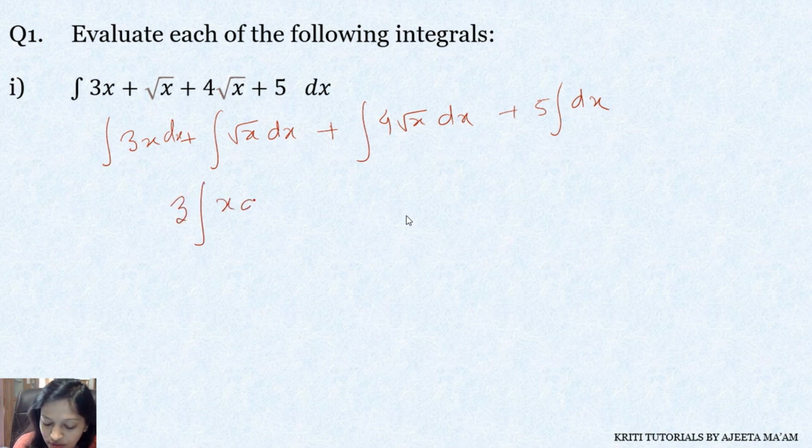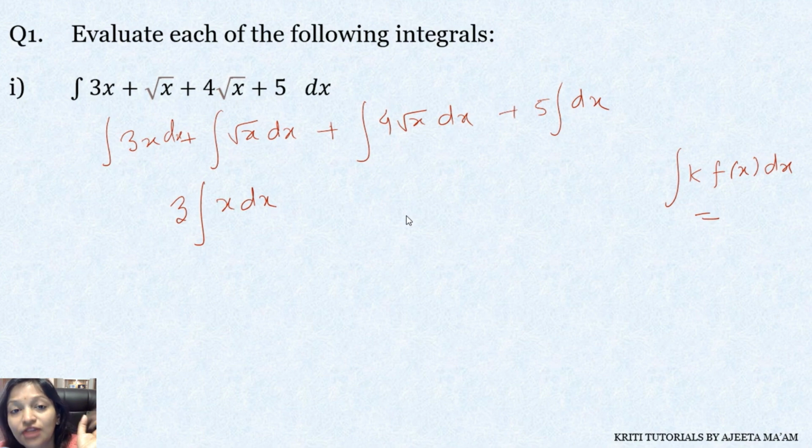So if we take 3 outside because it's a constant, you can remember and note down this simple property of integration: if any function is multiplied with the constant k, then you can always take k outside and find the integral of the function. That's a very simple and basic concept, and in almost 99% of questions you will be using it.